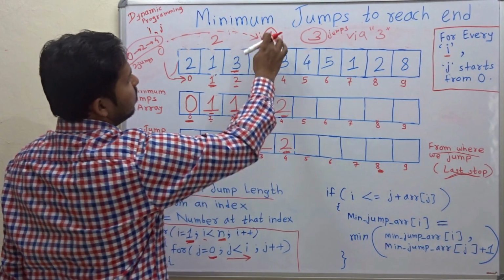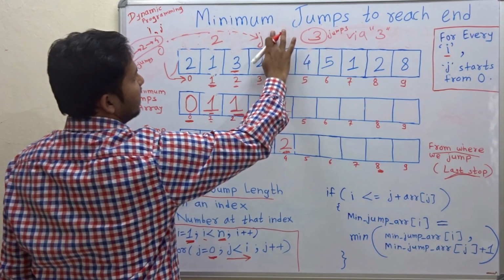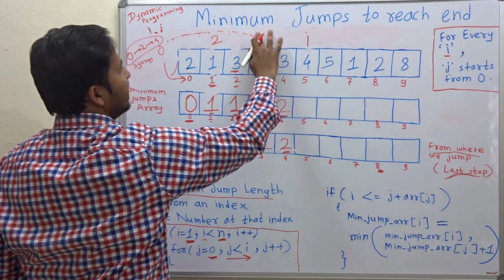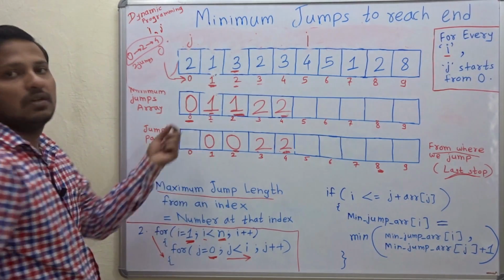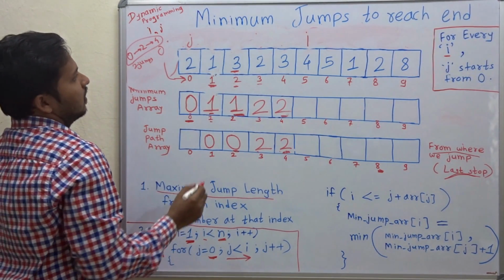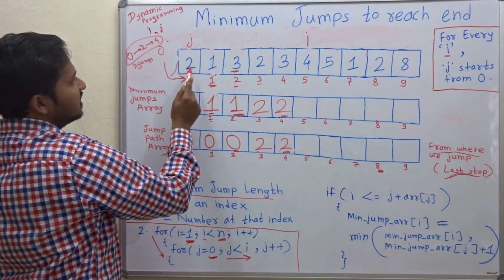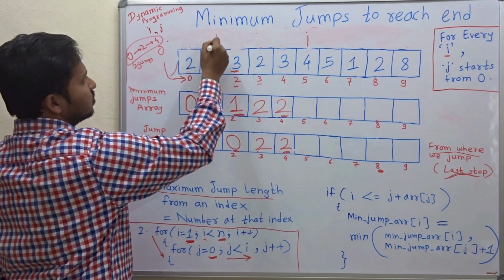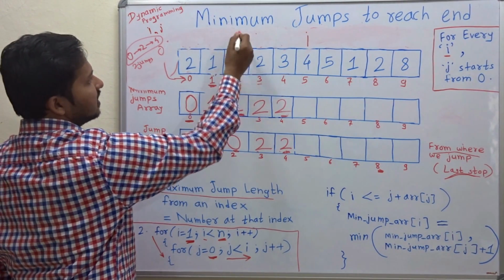Okay. And now as j has reached I, we increment I, and j again starts from 0. Again I is not in range of j now because j is 2. So j is incremented. Again I is not in range. So j is incremented.